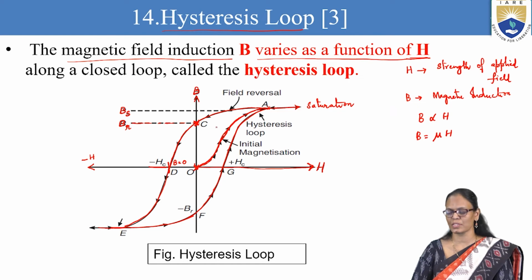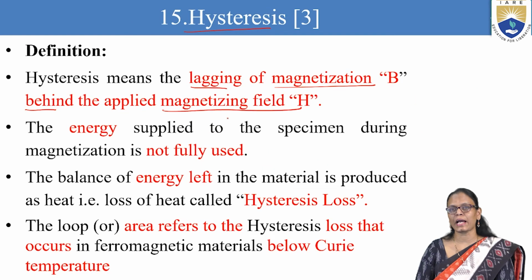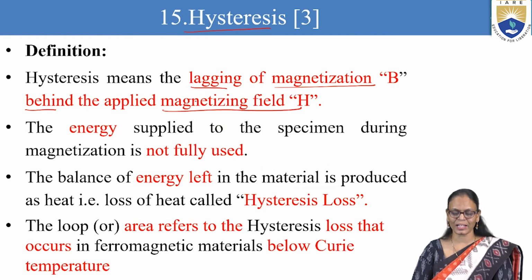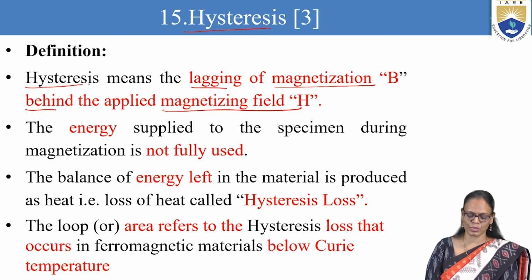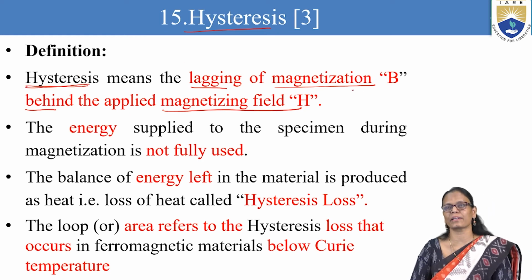This lagging of the magnetization B behind H is called hysteresis.